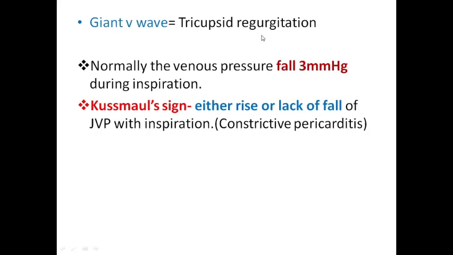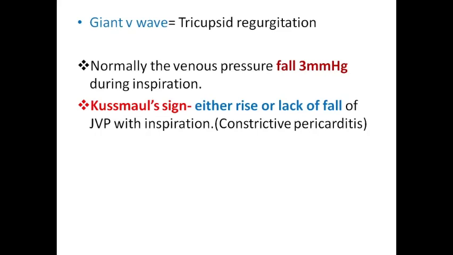As you know, normally the venous pressure falls by 3 mm of Hg during inspiration. When this 3 mm of pressure is not reduced during inspiration, or rises during inspiration, it is called Kussmaul sign.